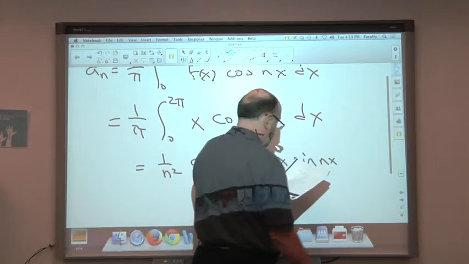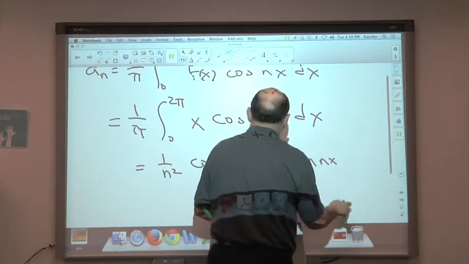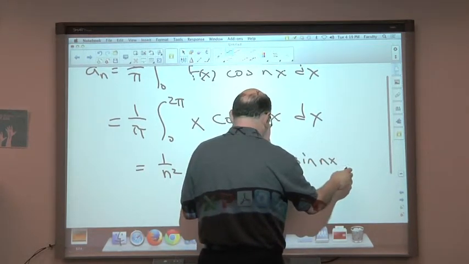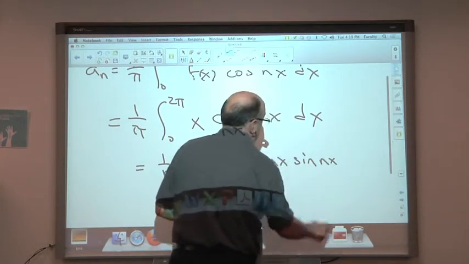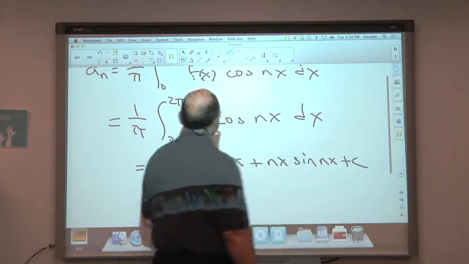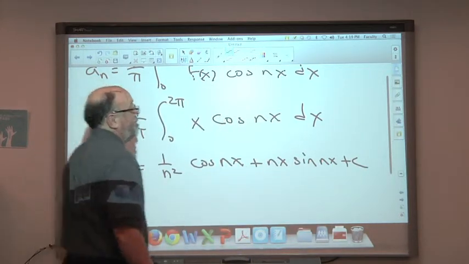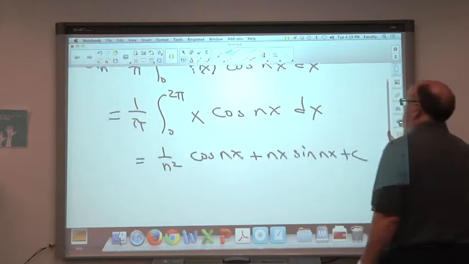And then, of course, that would be plus c for that part of it. But then we actually have a definite integral.